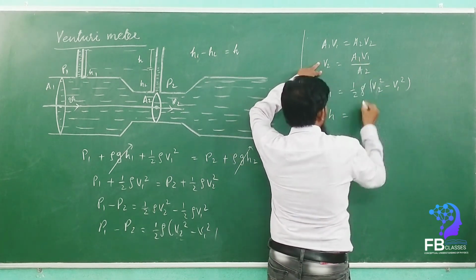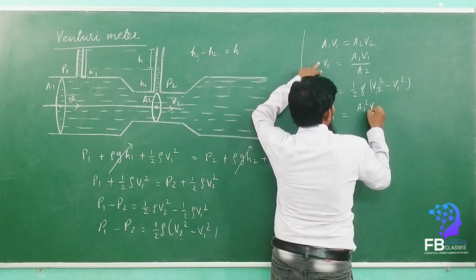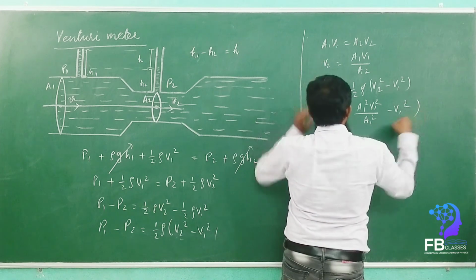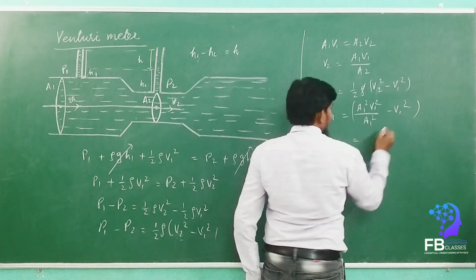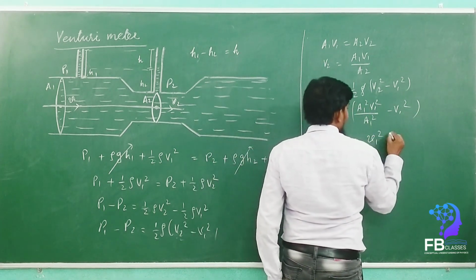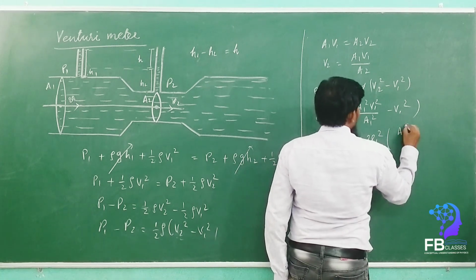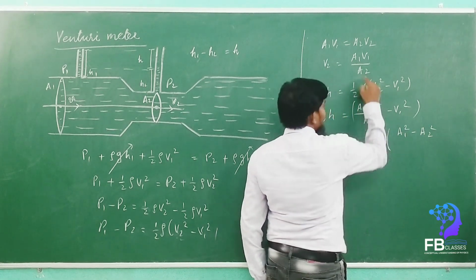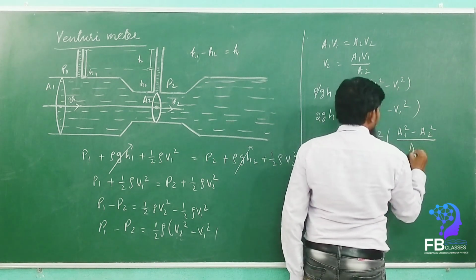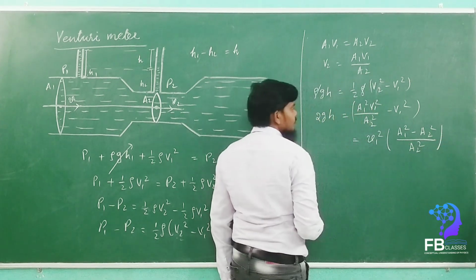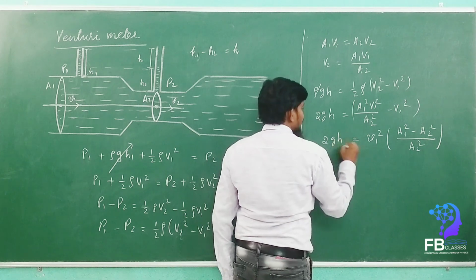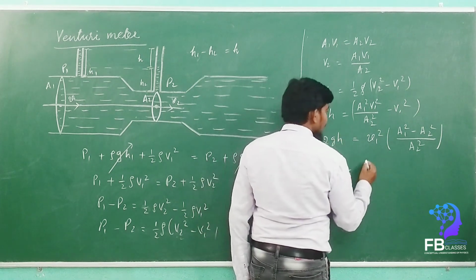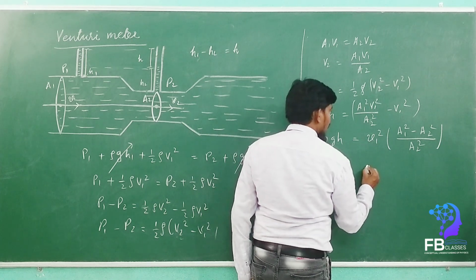V2 how much, my dears? A1 square V1 square by A2 square minus V1 square. So from here V1 will be taken common. So V1 square times A1 square minus A2 square, over A2 square. Got it? 2GH. Now V1 is equal to how much, my dears?